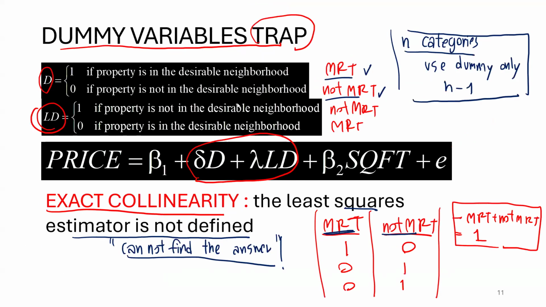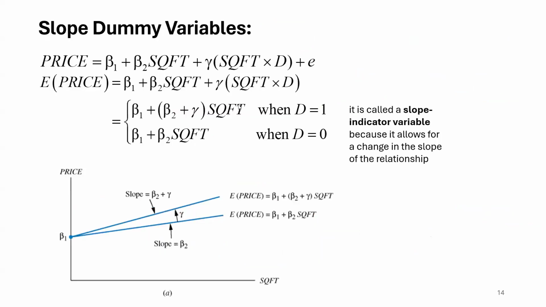Instead of an initial shift, we shift the price per square feet, the price per area, because the price per square feet is different.